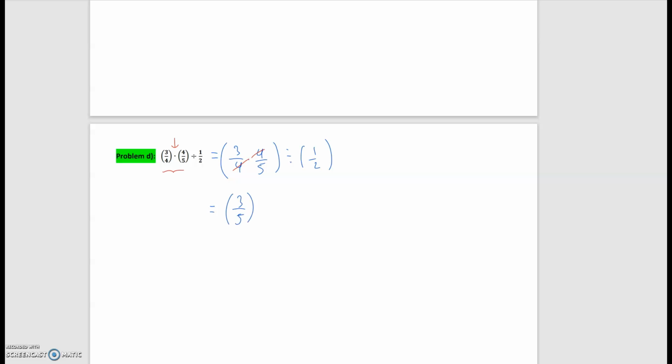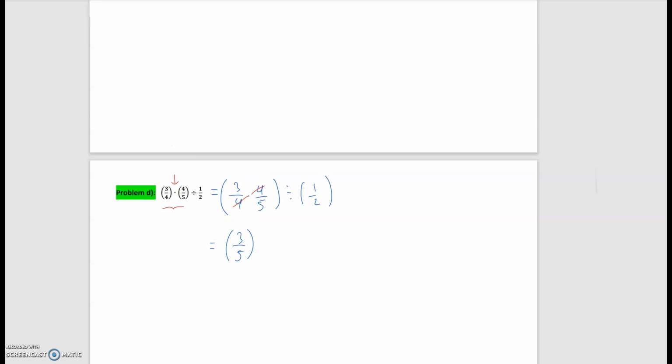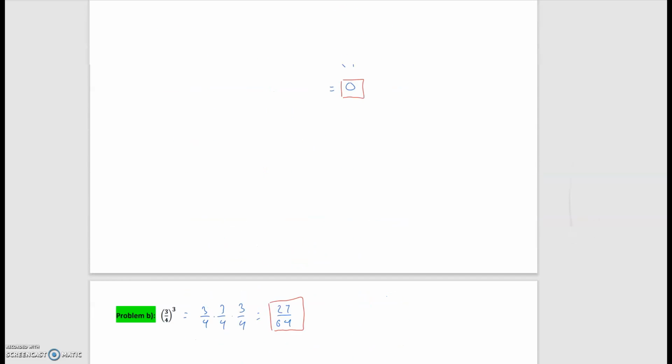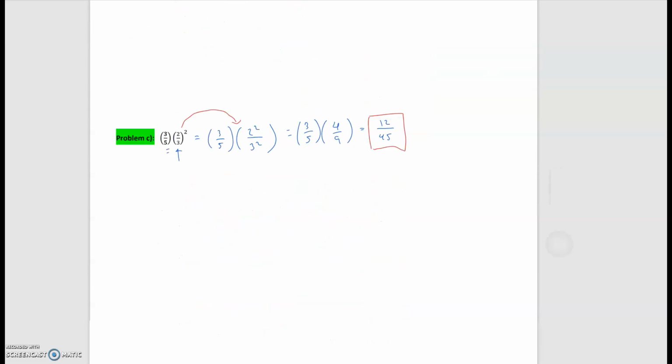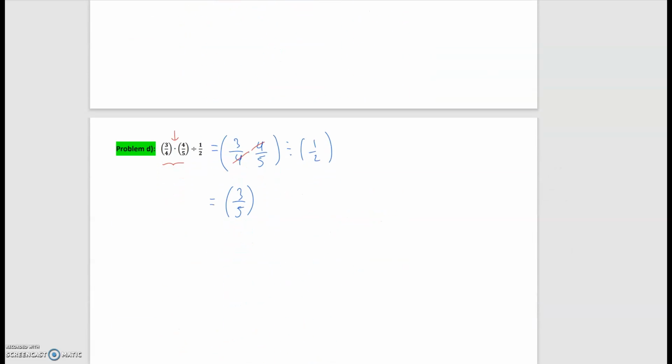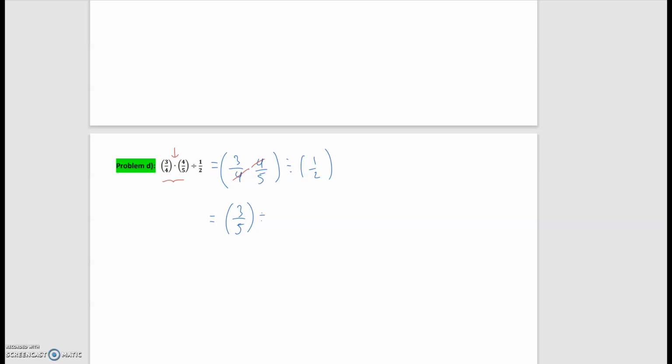And let me just point out the rules are here above. So you're reading this from left to right. Before we saw the division, there was a multiplication. So I'm referring to this portion here. Okay, and then we still have that this is going to be divided by 1/2.